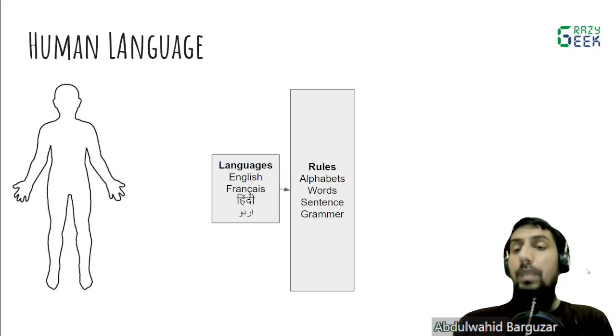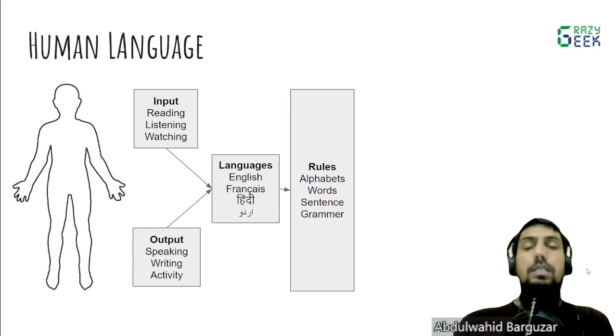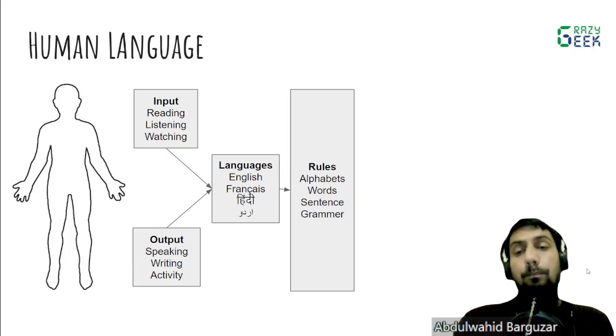So basically, a human is a natural computer which has some inputs and some outputs. We use those inputs to understand the language, and by performing some activities, speaking, writing, and then doing some activities, we produce some outputs. All right.